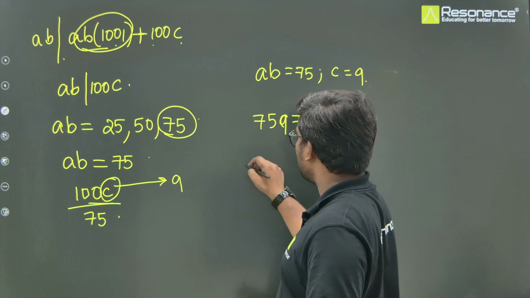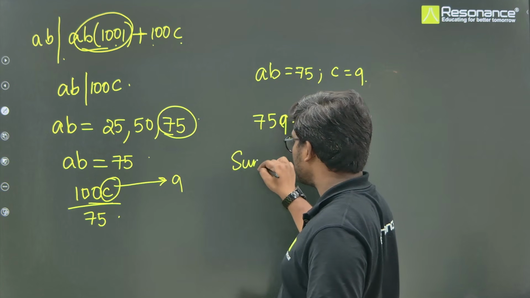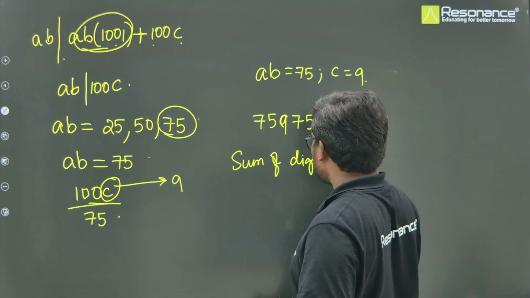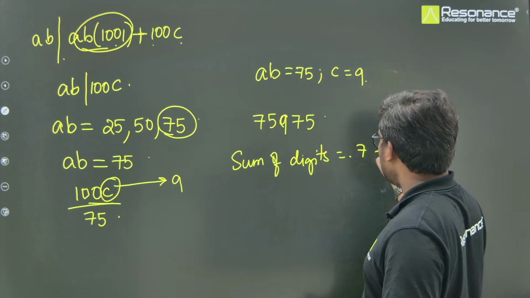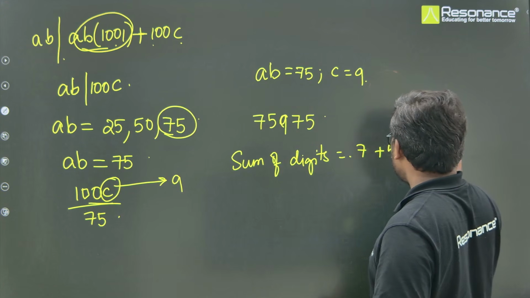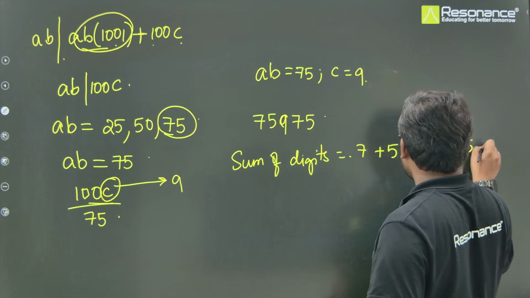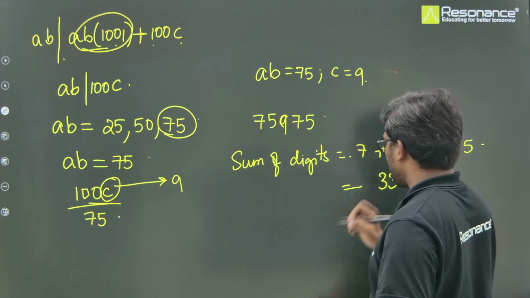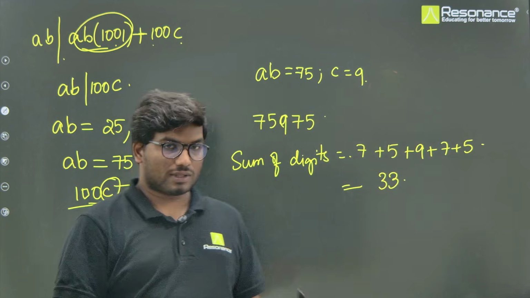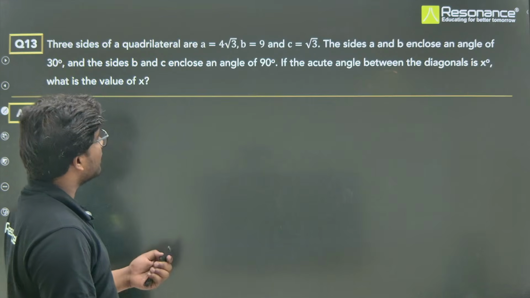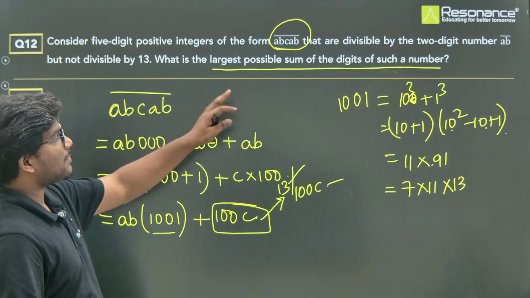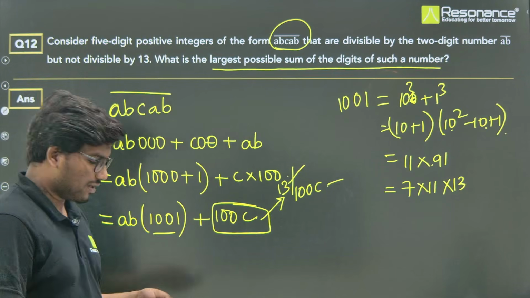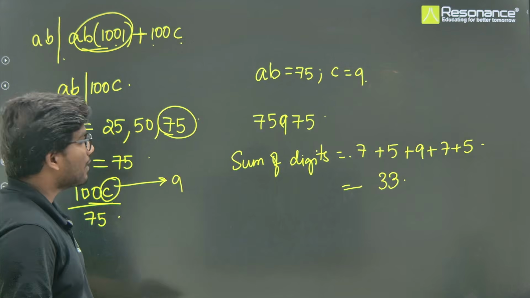So the sum of the digits of 75975 is 24 plus 9, 33. Yes. So the largest possible sum of the digits of such a number formed with A, B, C, A, B would be 33.